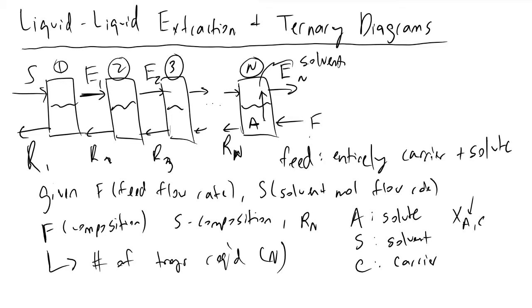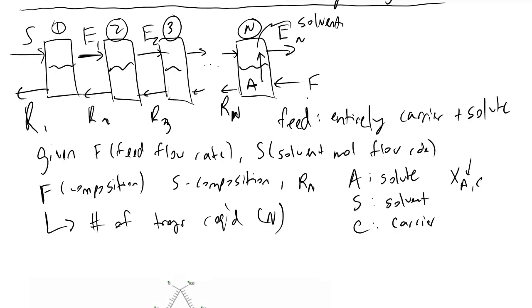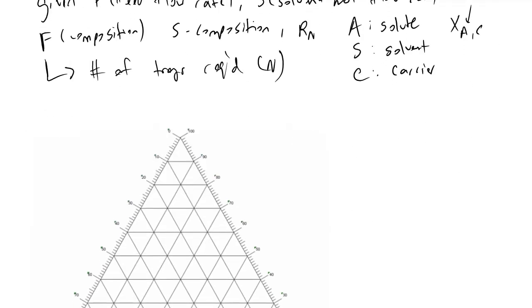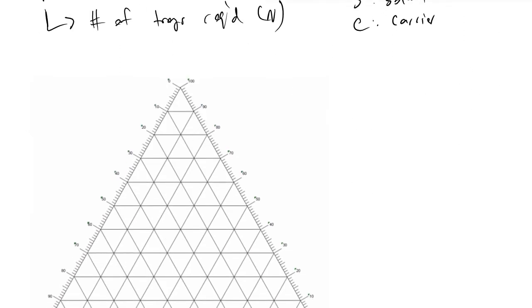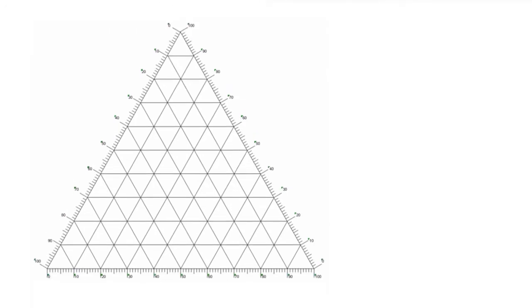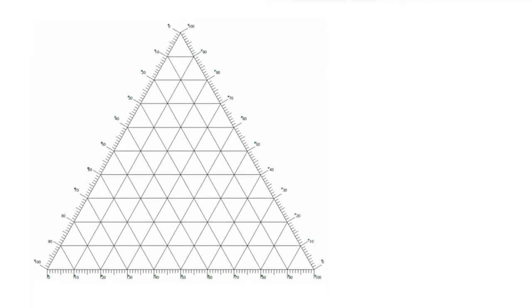Now if we look at what a ternary diagram looks like, we will see something that looks like an equilateral triangle. The way we use this equilateral triangle is we examine the distance between vertices for each point that resides within this triangle.